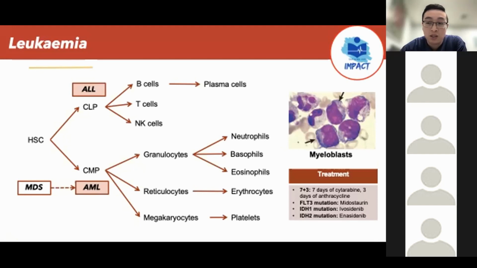So for AML, usually the induction regimen is 7+3 therapy. So 7 days cytarabine, 3 days anthracycline, either doxorubicin or daunorubicin. And in 80% of patients that achieves complete remission. And then the consolidation phase is usually just single agent cytarabine, although administered at a slightly higher dose, so high dose cytarabine.